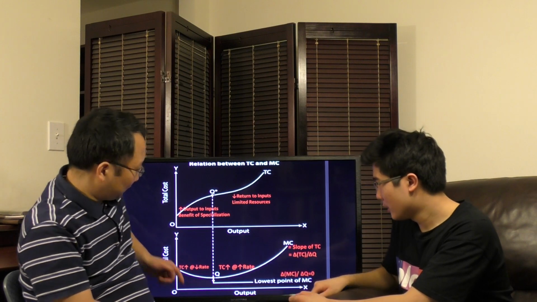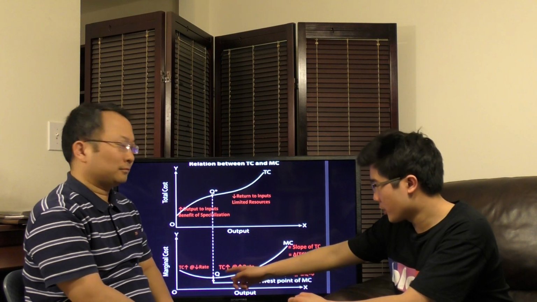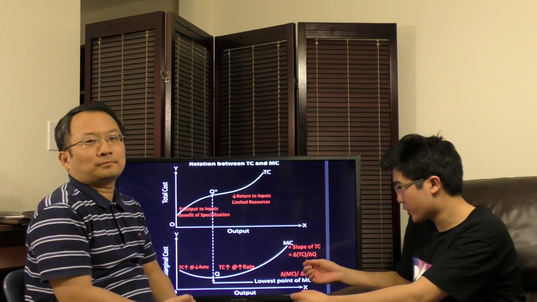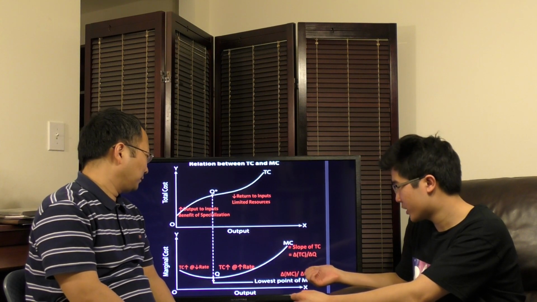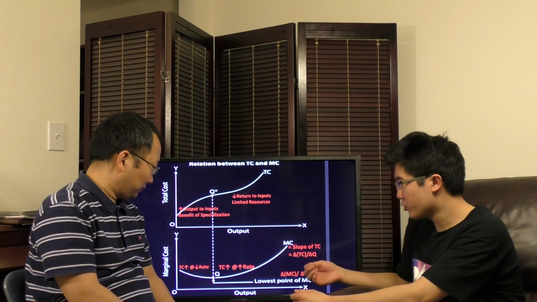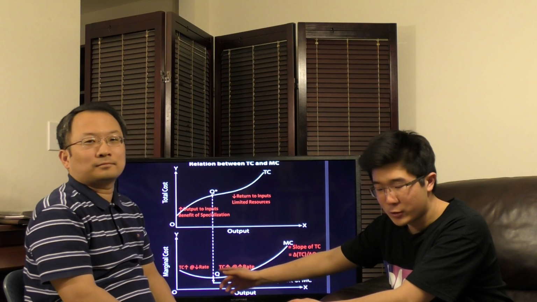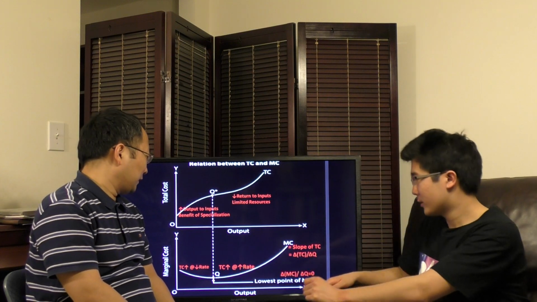The lowest point is where delta marginal cost over delta Q, the change in quantity, equals 0, which means marginal cost is neither decreasing nor increasing.